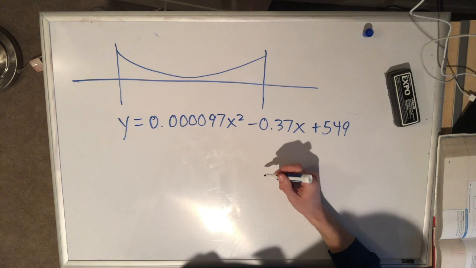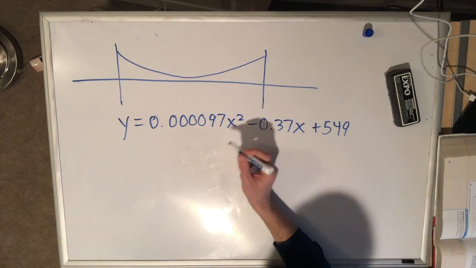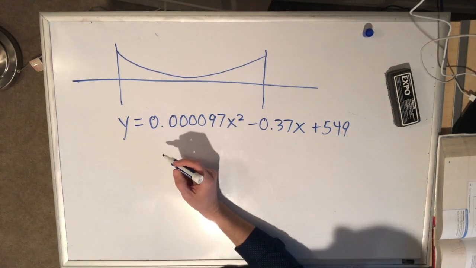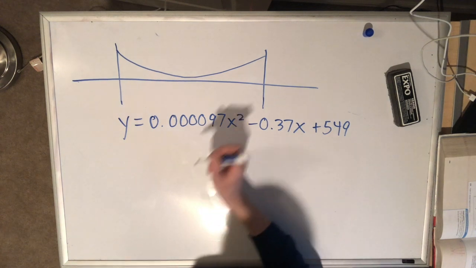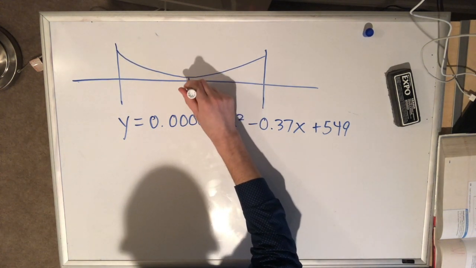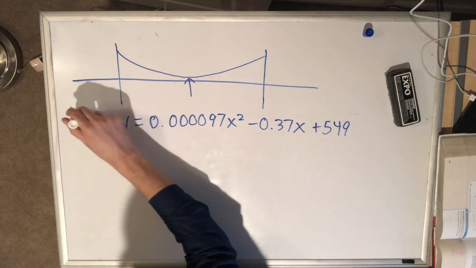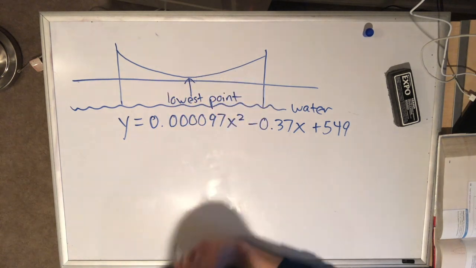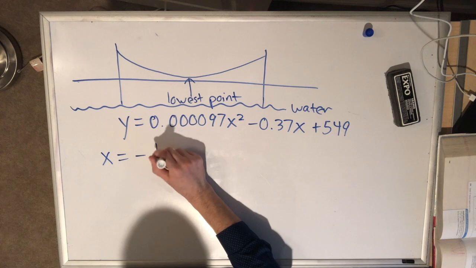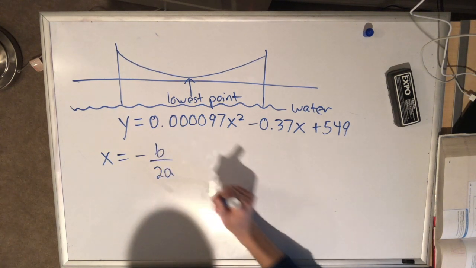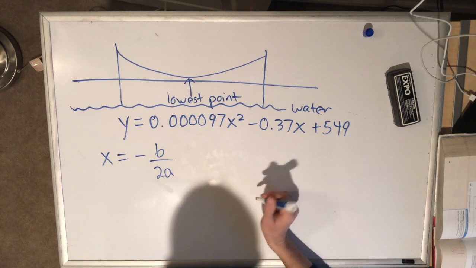Okay, let's find the lowest point, the height of the cable above the water at its lowest point, right here. And here's the water. The x-coordinate can be found by the formula x equals -b over 2a. That also gives you the equation of the vertical axis of symmetry.